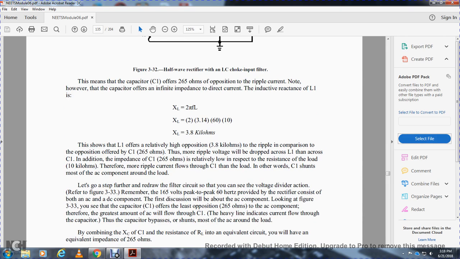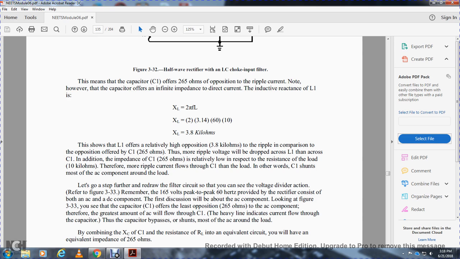This means the capacitor C1 offers 265 ohms of opposition to the ripple current. However, the capacitor is independent of direct current. The inductive reactance of L1 is 2 pi times the frequency times the inductance in henries, or 3.8 kilohms. This shows that the inductor L1 offers a relatively high opposition, 3.8 kilohms, to ripple in comparison with the opposition of 265 ohms offered by the capacitor. Most of the ripple voltage drops across the inductor L1 rather than across the capacitor C1.